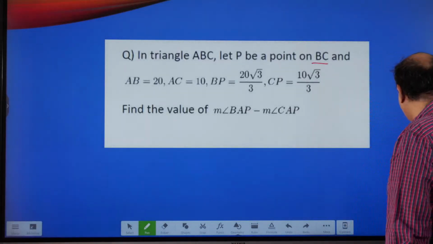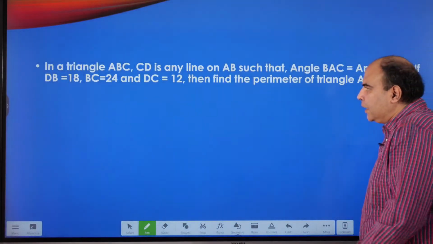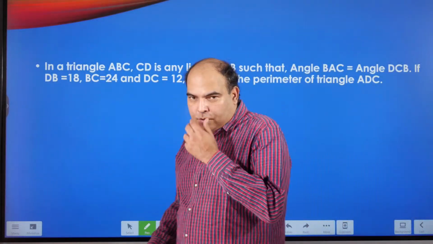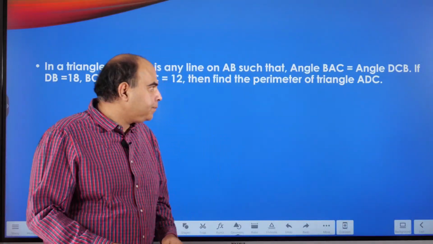Let's now move into some questions which are built directly on similarity. The first question is the one you see on the screen.